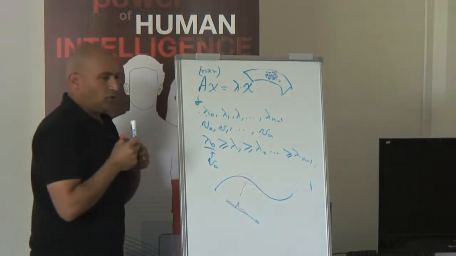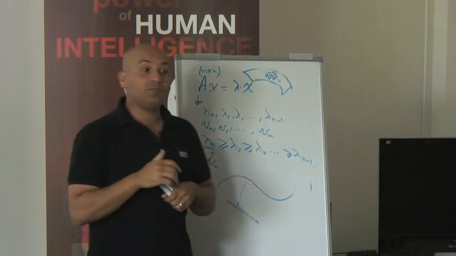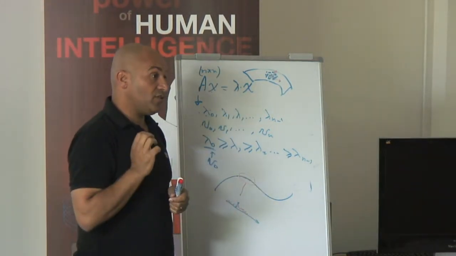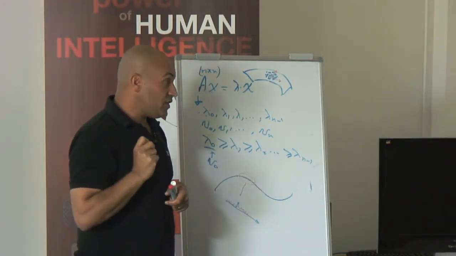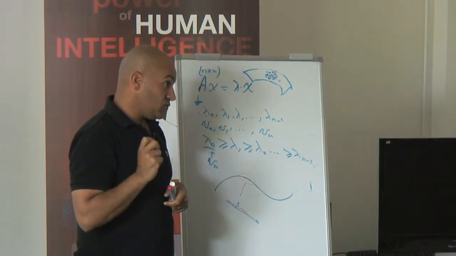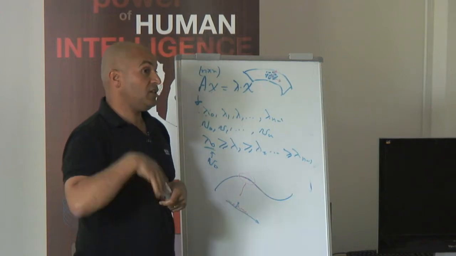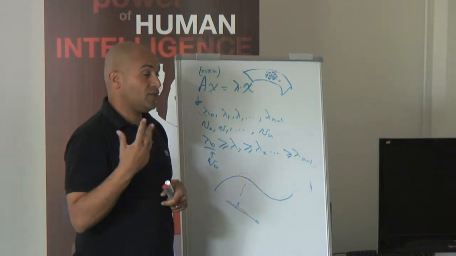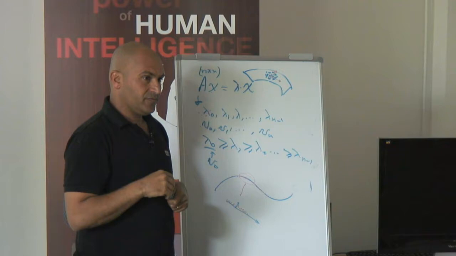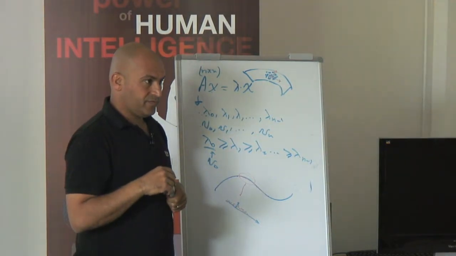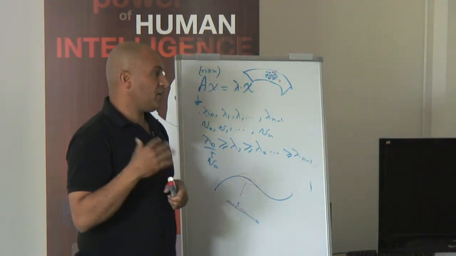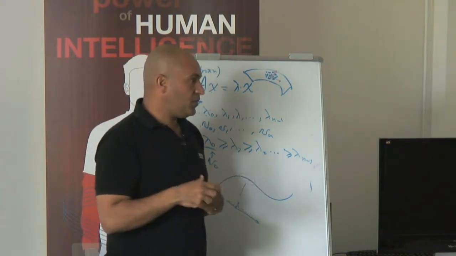The nice property of these eigenvectors is that they are all perpendicular to each other. None of them could be created as a linear combination of any other set or subset. They are independent of each other.